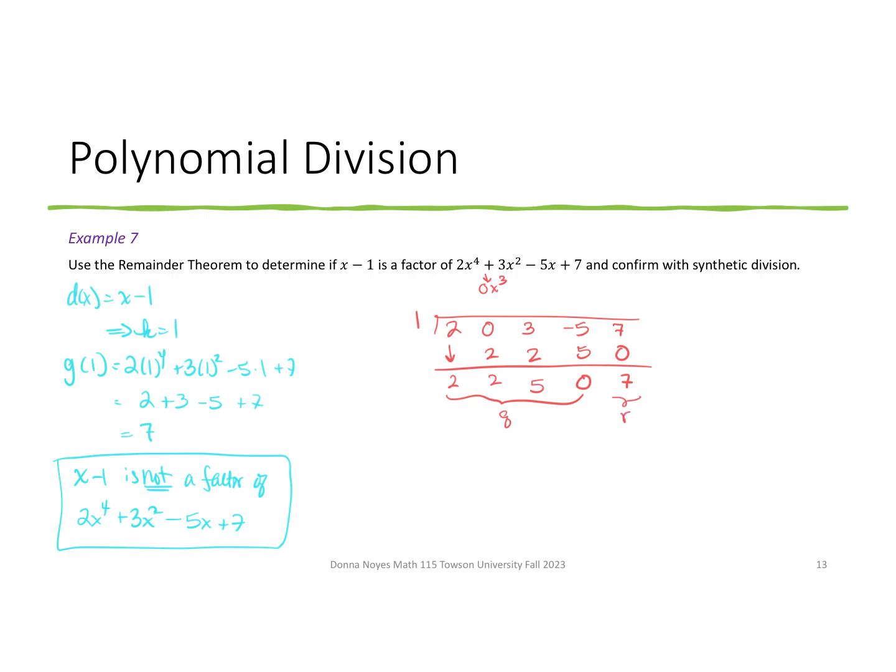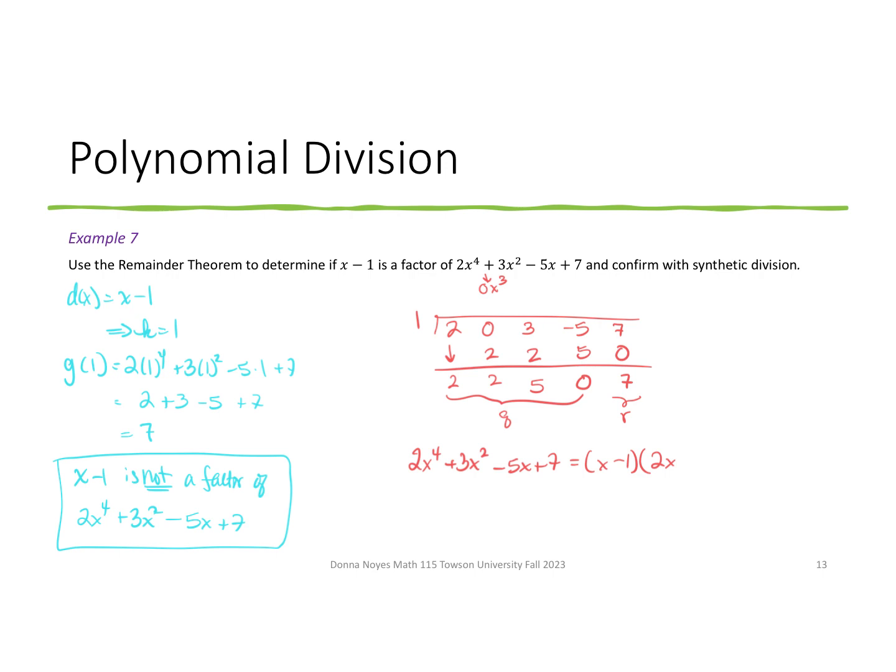So what ends up happening here is we have 2x to the fourth plus 3x squared minus 5x plus 7 is now equal to x minus 1, our divisor, times our quotient, which is 2x, drop the degree by 1.